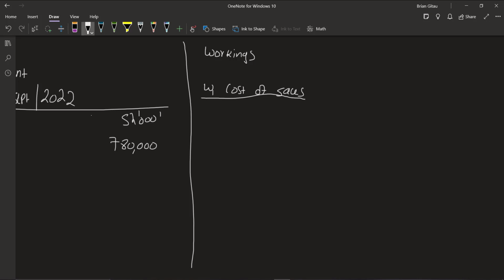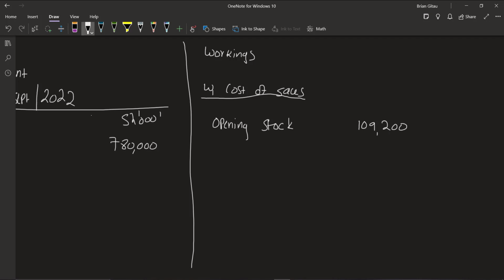Recall that from section 1 in financial accounting, for cost of sales we start with the opening stock, which is given as 109,200 from our trial balance.